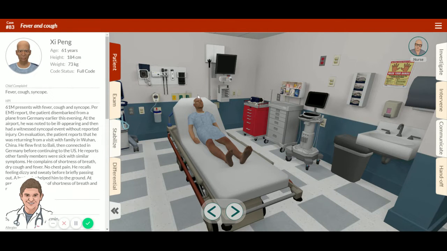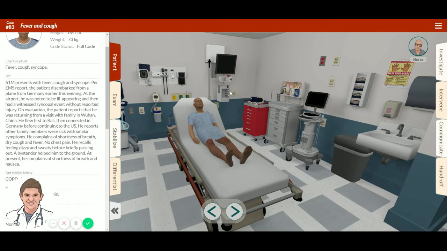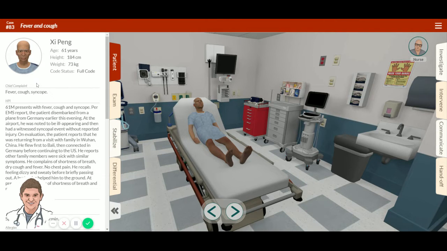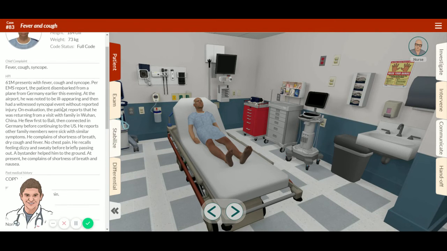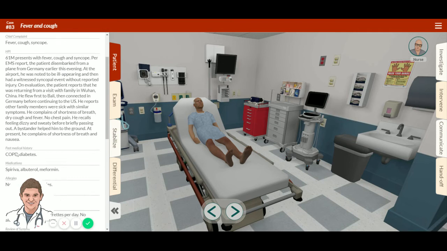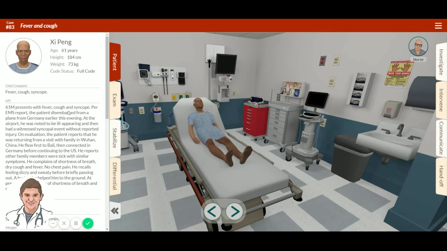So here you go. This is your patient, Ji Ping, 61-year-old male. So this gentleman, as you'll see, has recent travel exposure that's going to bear very significantly on this case. So he's a 61-year-old guy. He has a history, as noted, COPD and diabetes, and he presents with fever, cough, and syncope.